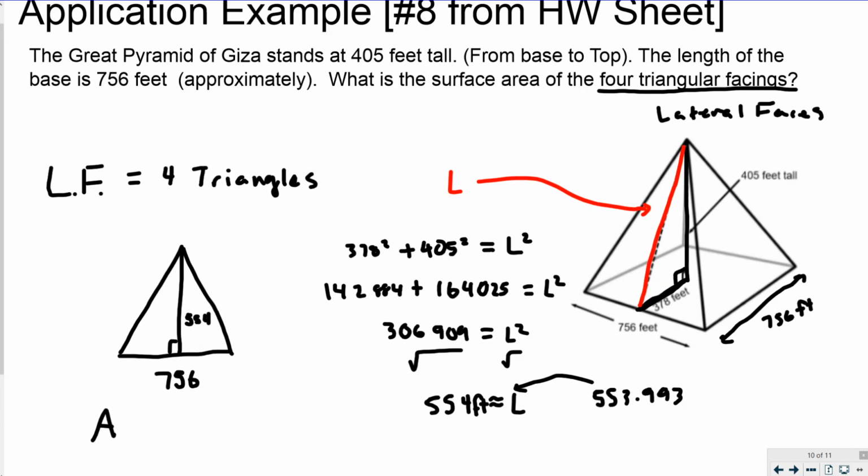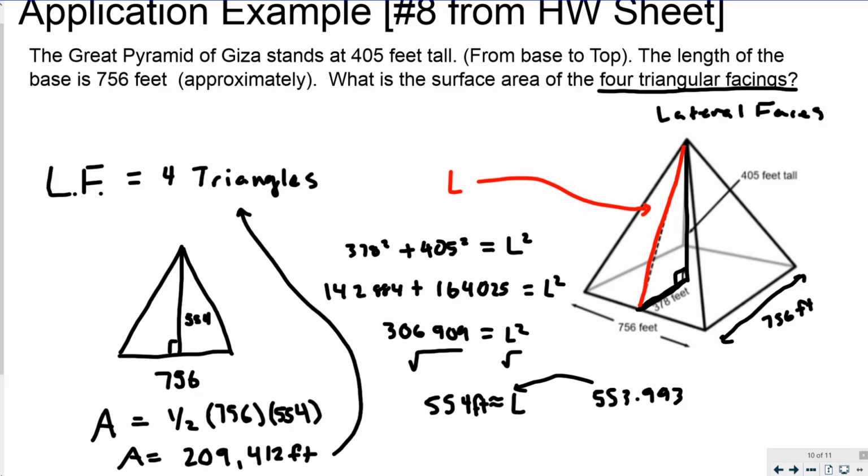The area of one triangle would be 1/2 of the base, 756, times the height, 554. So 756 times 554 times 1/2 is 209,412 feet. Now I need to multiply that by 4.